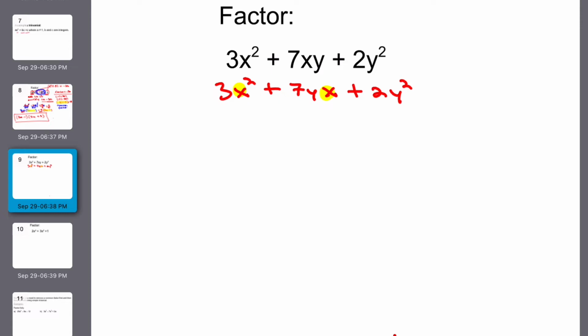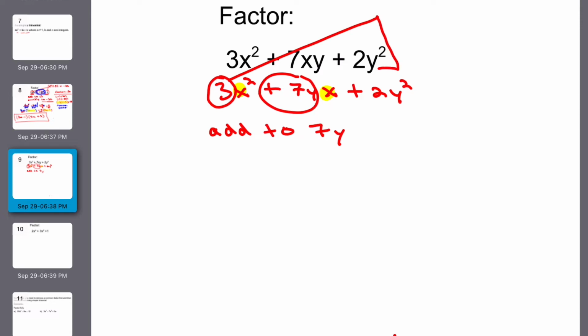Okay, so we need two numbers to add to 7y. And we're going to multiply to the coefficient of the first term, which is 3, multiplied by the full last term, right? So yes, that last term has a variable in it, but it's kind of acting like our number from before.